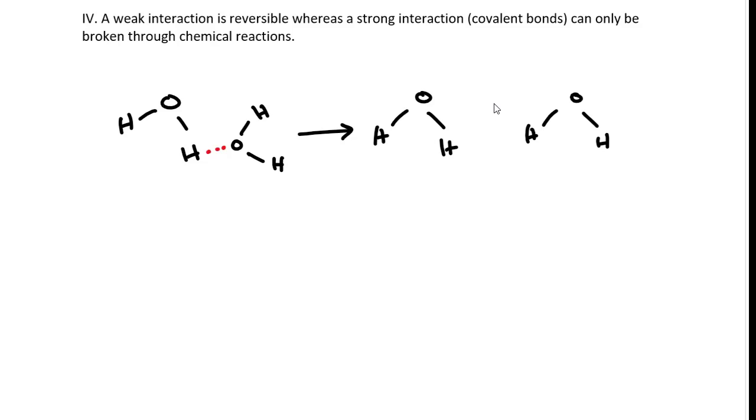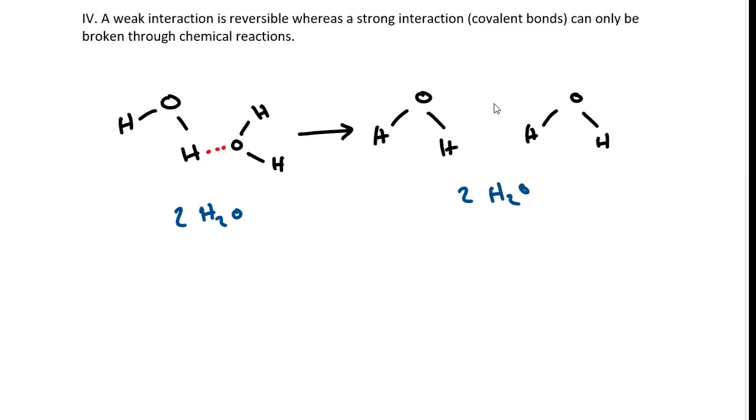If I have, for example, two water molecules that are hydrogen bonding with each other, and I put in a little bit of energy, increase the temperature of the solution, etc., and they come apart, where they're no longer forming that weak interaction, that hydrogen bond, I started with two water molecules, two H2Os, and I still have two H2Os on this side. Nothing has changed. So when you have weak interactions, if you disrupt them, the identity of the molecules that you started with is the same as the identity of the molecules when you break those weak interactions.